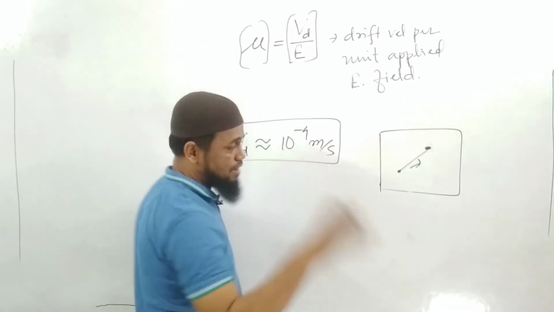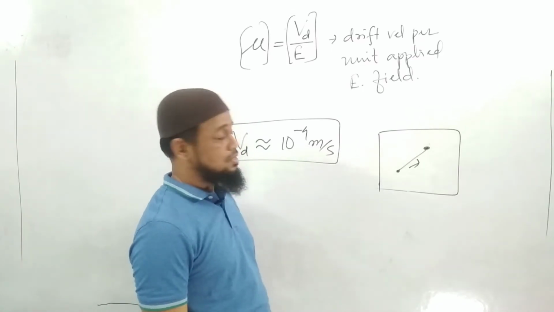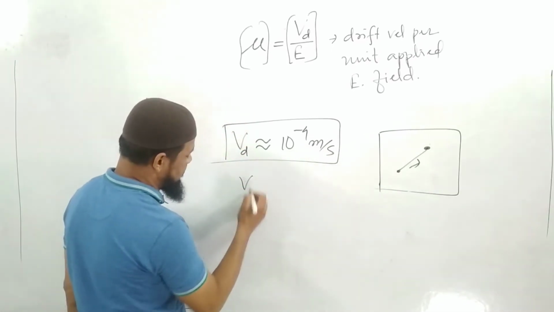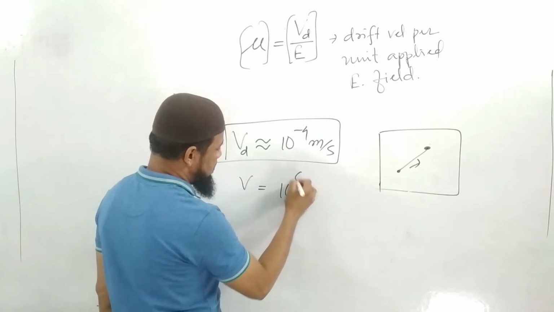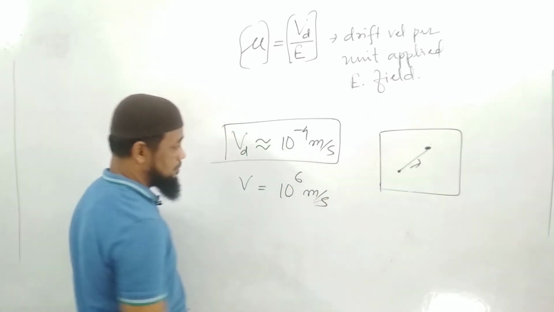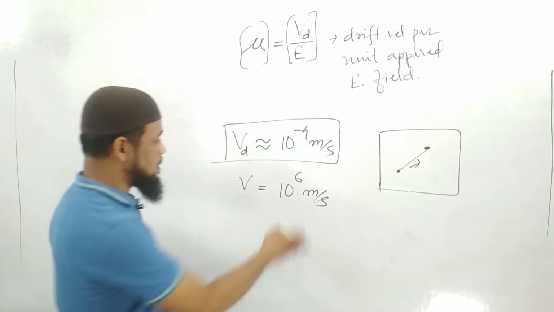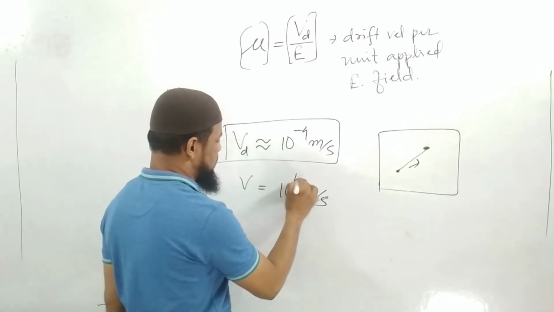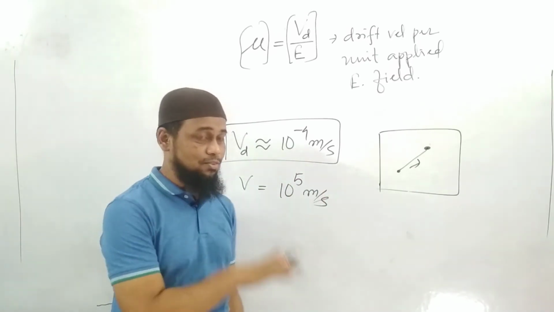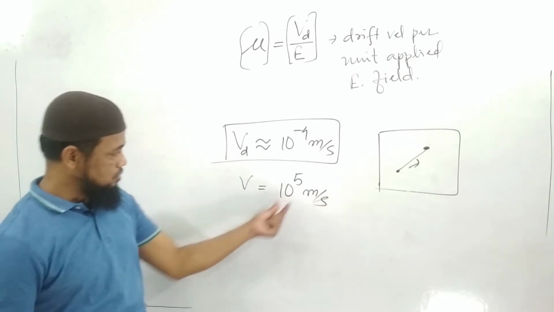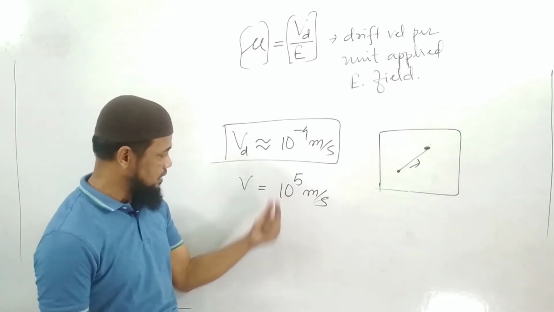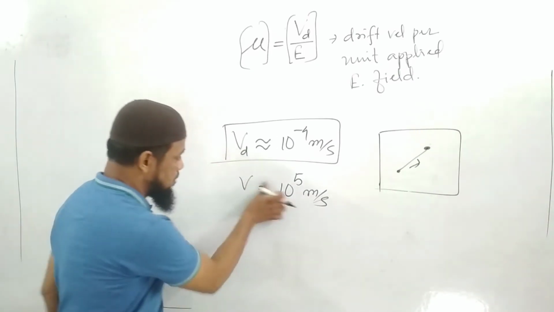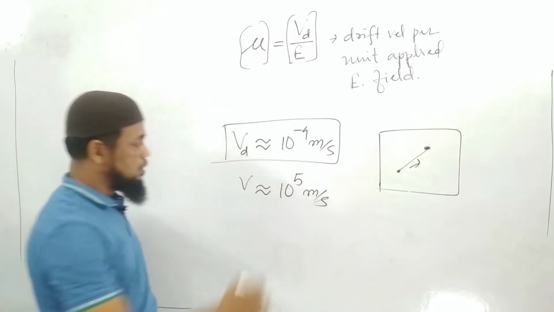In some books it is 10 to the power 5, in some books 10 to the power 6. So the thermal velocity of electrons is 10 to the power 6 meter per second, and according to some books it is 10 to the power 5. I am giving you both values. There should not be a huge difference; this is not equal, this is of the order.